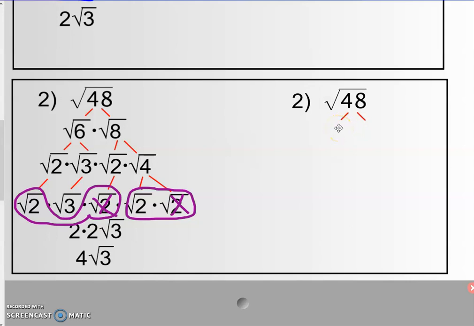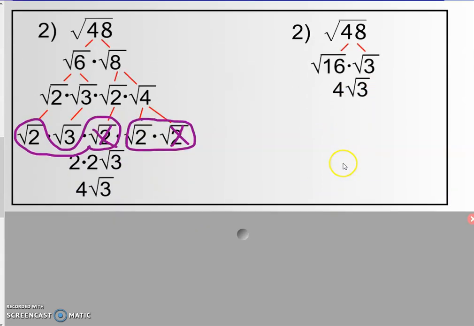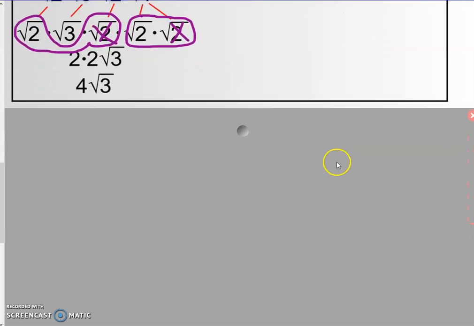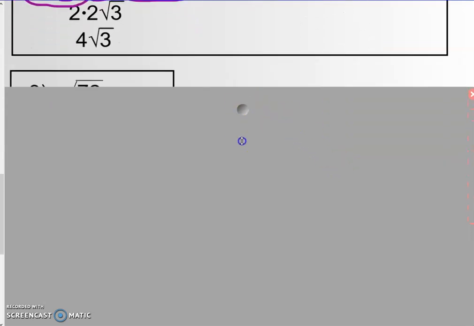And if I would have given some thought, and if I know my multiplication facts really well, 48 is 16 times 3. And if you're able to give this a little bit of thought before you dive in, you can save yourself a lot of work, because we all know the square root of 16 is 4. So let's keep looking at some examples together and see how we do.